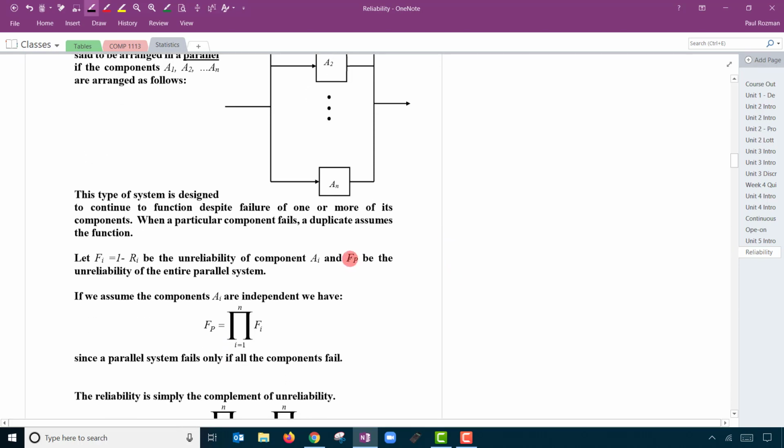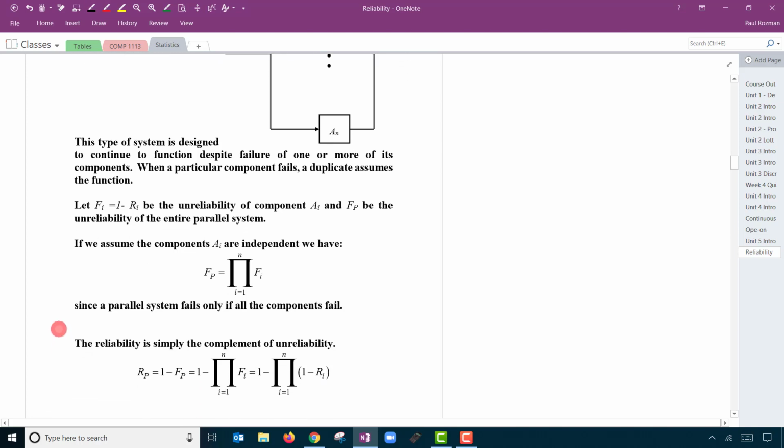I'll denote it as F sub P, the failure of a parallel system. It's just the product of them all failing. So to fail in parallel, I need every single piece to fail. Fail and fail and fail and fail, which just means multiply all the failure probabilities together.